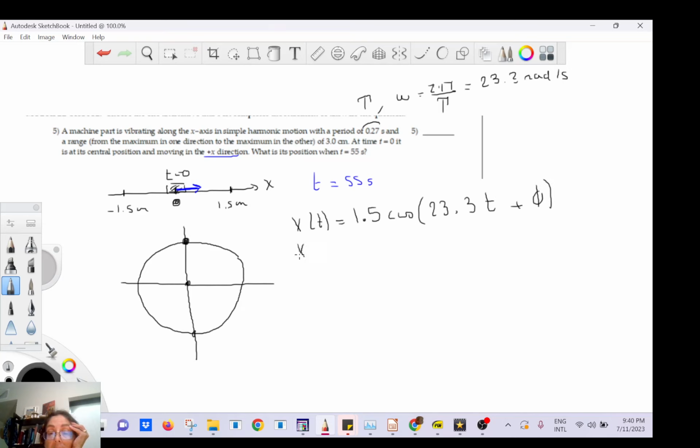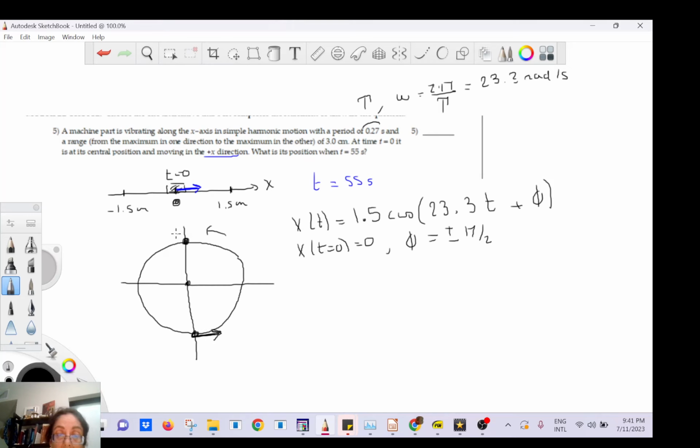I know that x for t equals 0 is going to be 0. So that means phi equals plus or minus pi over 2. So it's either here or there. So what do you think? But you know that it's moving toward the positive. So it means it's located here.